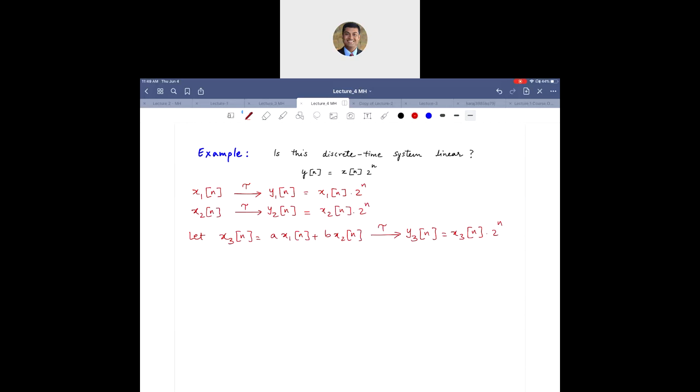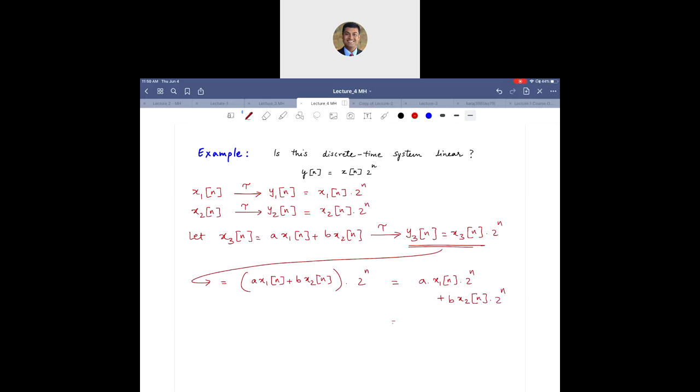So for the output here, I say this equals, instead of x3, I'm going to write a x1 plus b x2, 2 raised to n, which is going to equal a x1 of n 2 raised to n plus b x2 of n 2 raised to n.